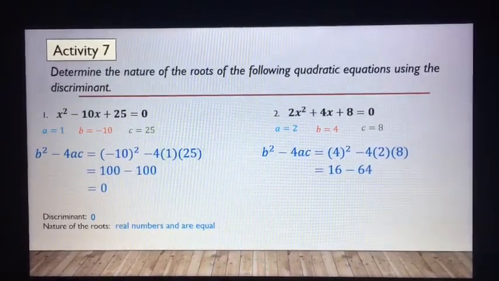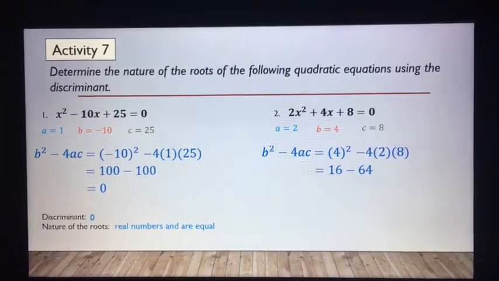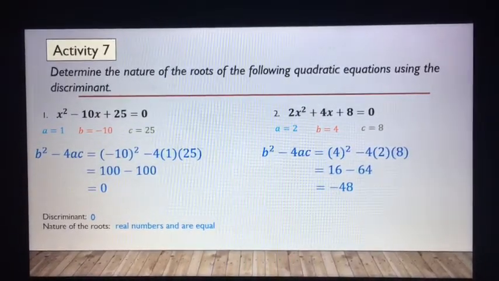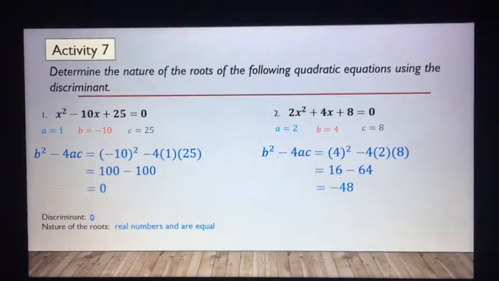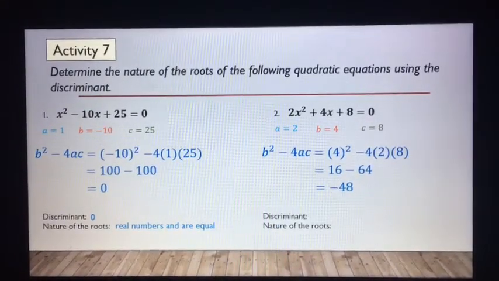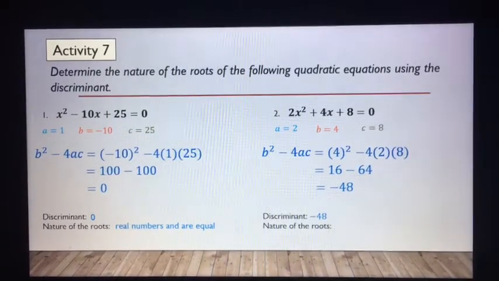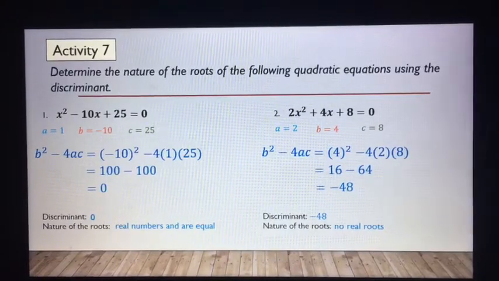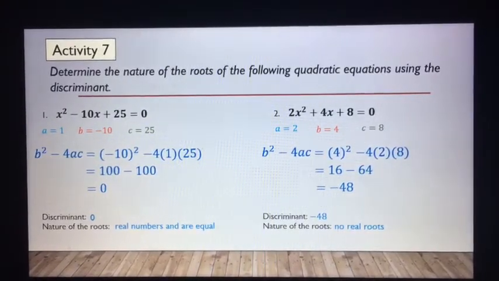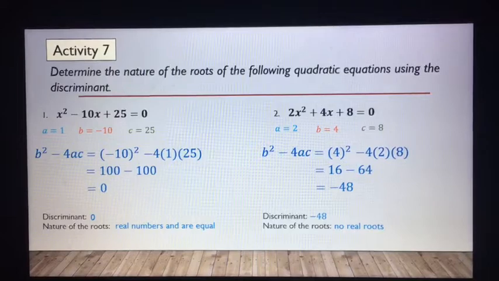So we have 16 minus 64. 16 minus 64 is negative 48. So, pag less than 0 ang discriminant, or negative ang discriminant, what is the nature of the roots? It has no real roots. Okay po?